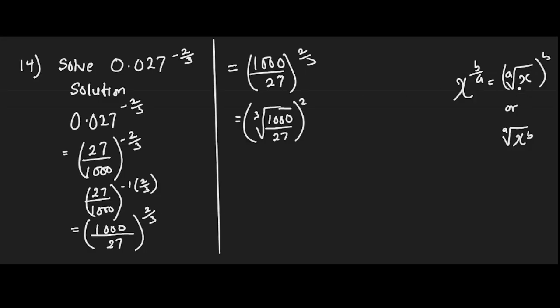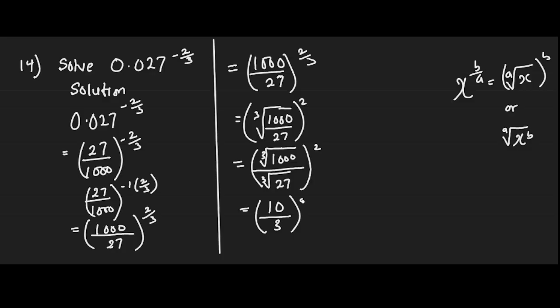Applying this, you can apply this or this. I'm applying this here. So here we are going to have the cube root of 1000 all over the cube root of 27, all raised to power 2. Here cube root of 1000 is going to give us 10, all over cube root of 27 is going to give us 3, all raised to power 2.